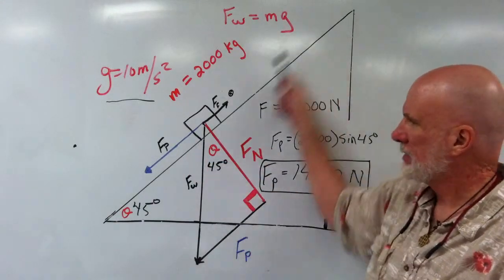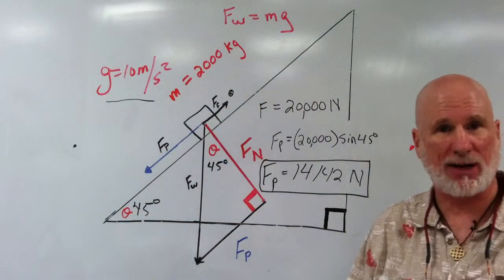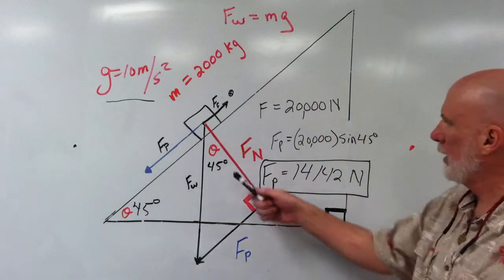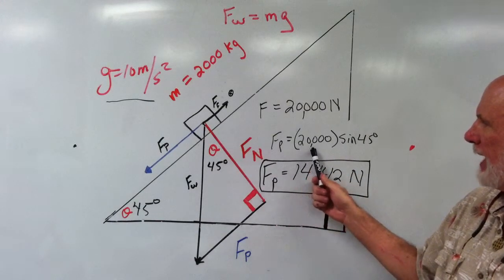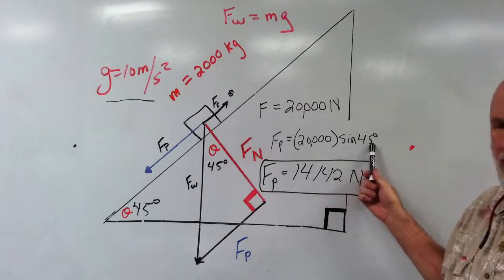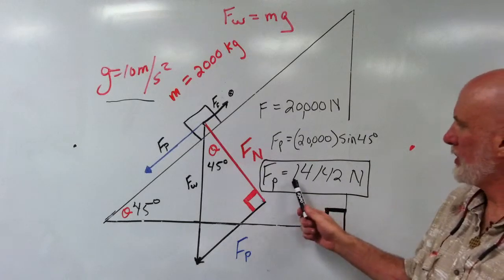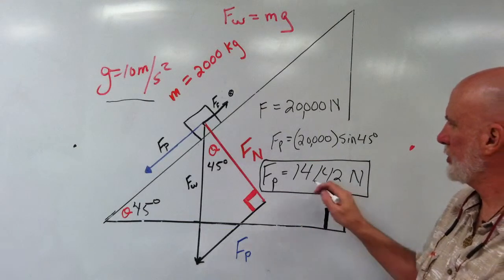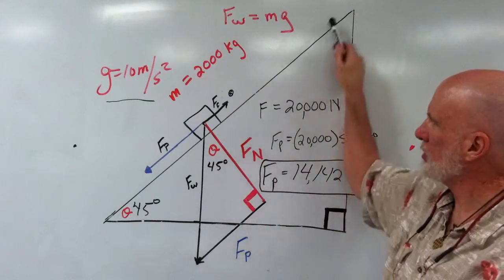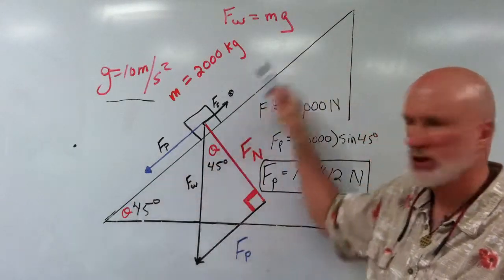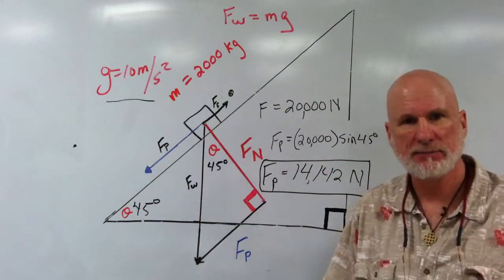What's going to be the sliding force, the push force going down the ramp, which is parallel with the ramp? Well, we came up with this equation: Fw sine theta, and that's the answer. So 14,142 newtons is the force that inherently wants to slide that car down the ramp. Easy? Thank you.